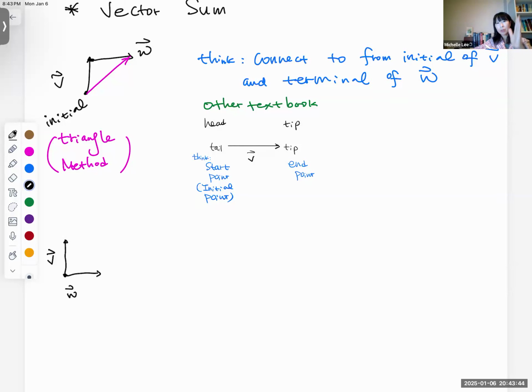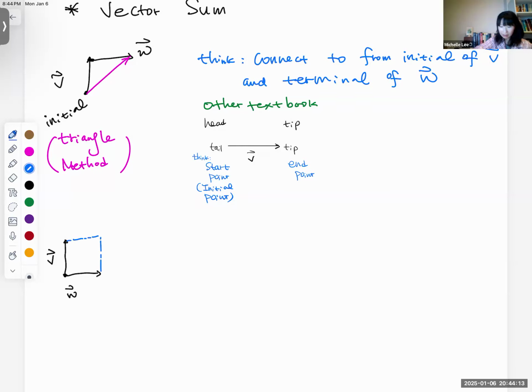It starts with vector v, and then from the terminal of vector v, start with vector w, right? But the bottom one starts with v and then shares the initial of vector v with w, right? Then we can make a parallelogram from there.